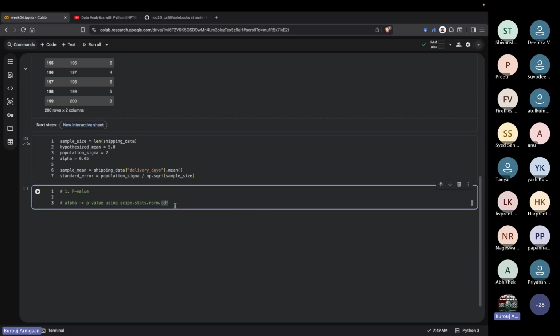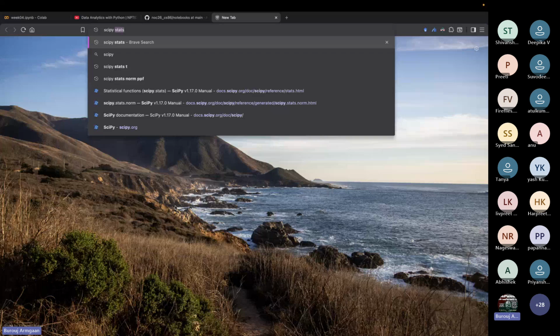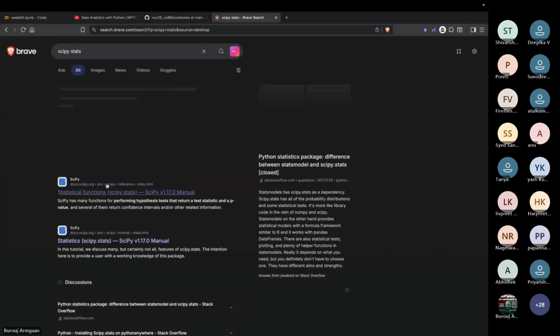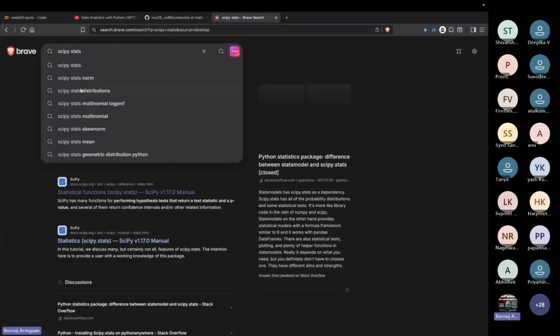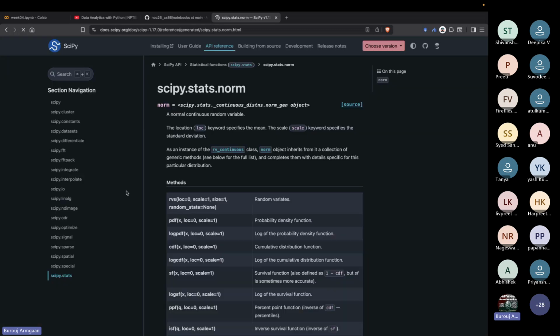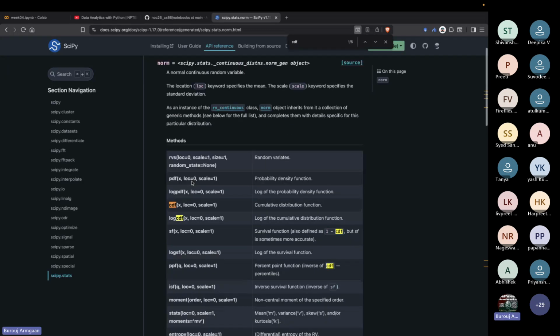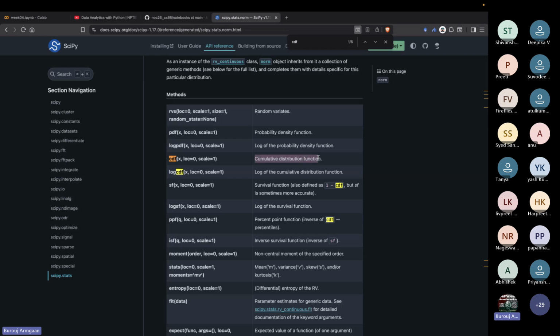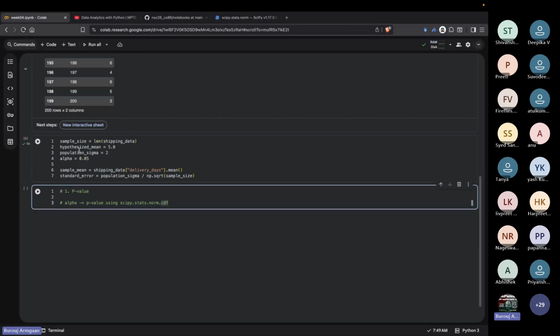If you're familiar with probability terms like the pdf and the cdf, the cumulative distribution function, this gives you the CDF. So you want to find out for this particular Z stat, what is the probability that falls under this.